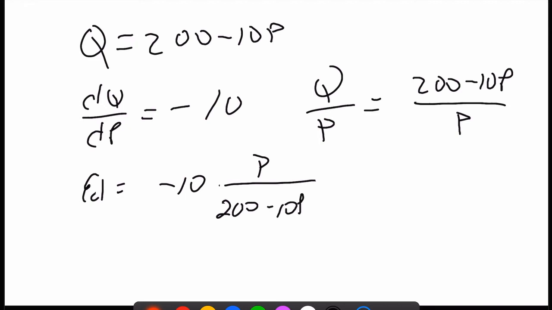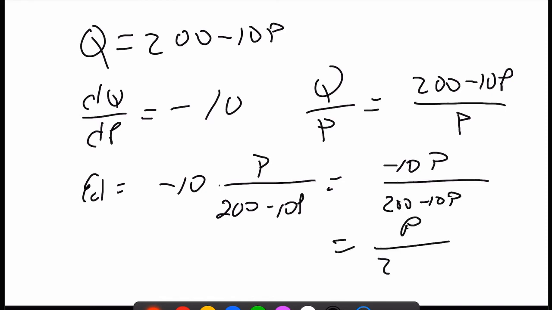Minus 10P over 200 minus 10P is P over 200 minus P. So now, that's the elasticity at any point on the line. All I have to do is take a price, stick it in there, and out pops the elasticity, the point elasticity, right?